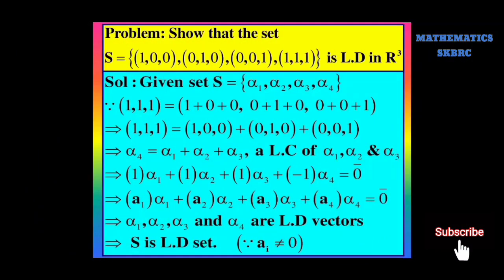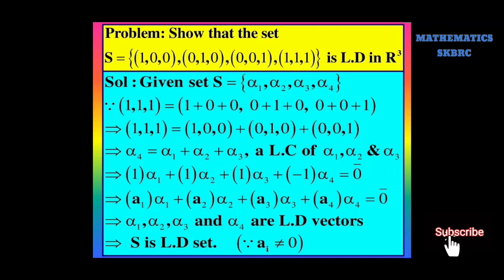Show that the set S = {(1,0,0), (0,1,0), (0,0,1), (1,1,1)} is a linearly dependent set in 3-dimensional space R3. The given set is S = {α1, α2, α3, α4}, where α1 = (1,0,0), α2 = (0,1,0), α3 = (0,0,1) and α4 = (1,1,1).